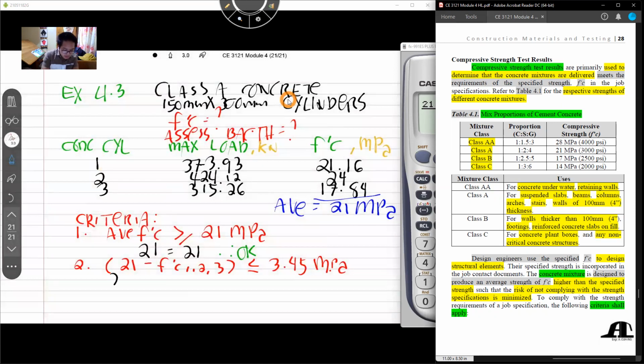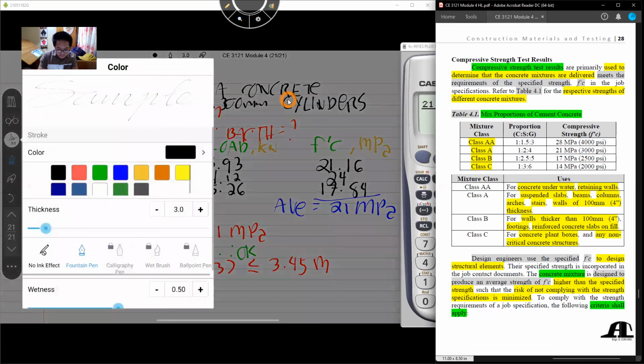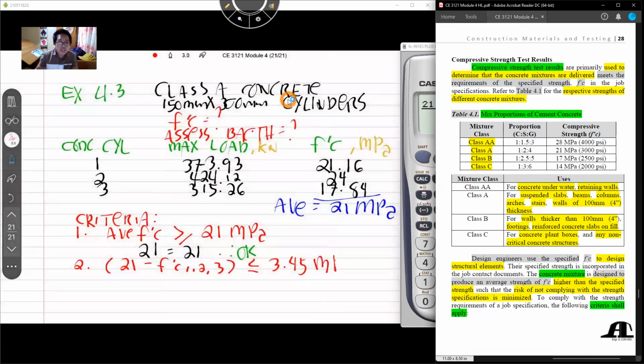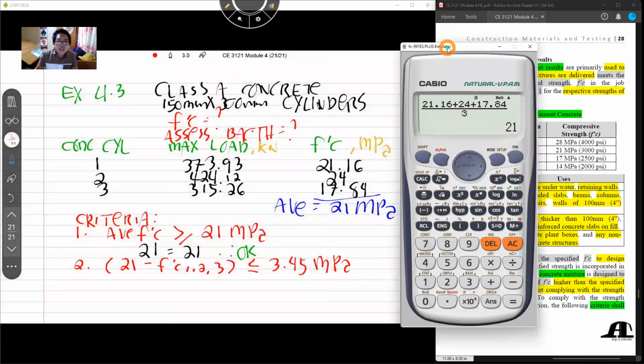So, yung 21 minus yung F1C natin, 21.16. Okay? Diretso na natin class kasi hindi kasya. Okay. Ang gagawin natin class yun, 21 minus class yun, 21.16.